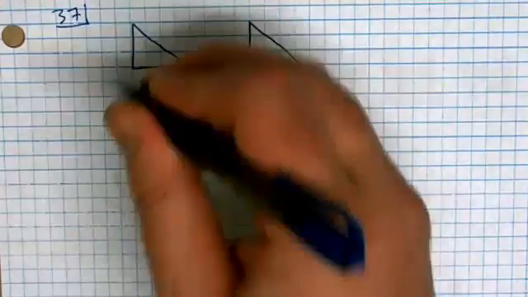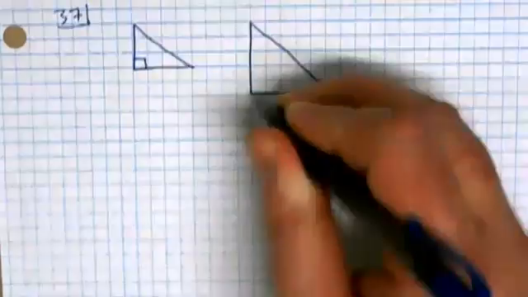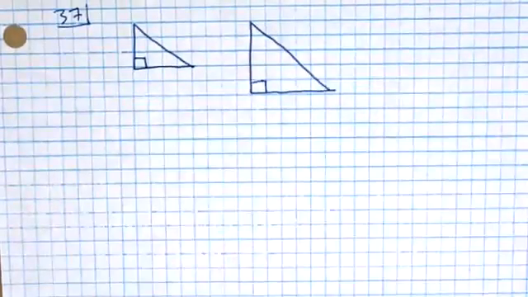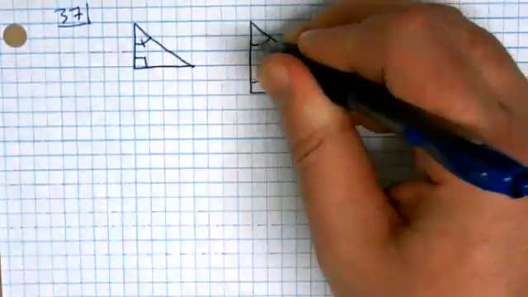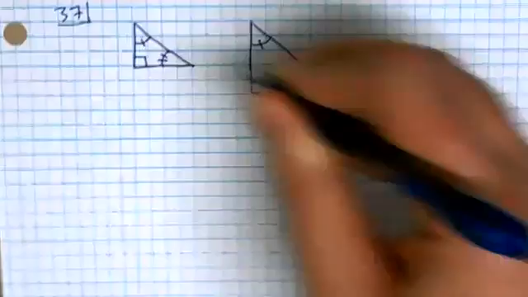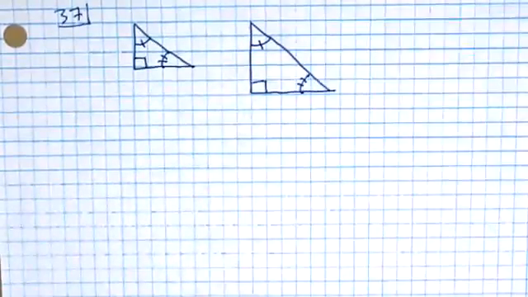And we need to mark some angles. So let's put a box for a right angle. I'm going to do a single tick up here and here. I'm going to do a double tick here and here.